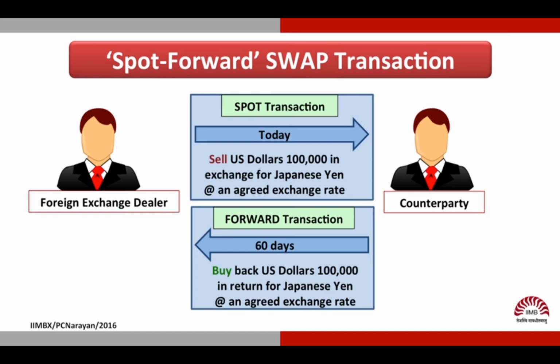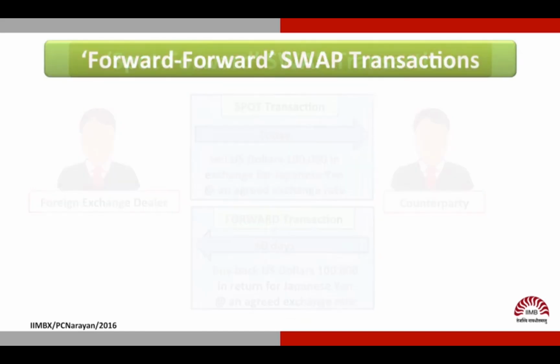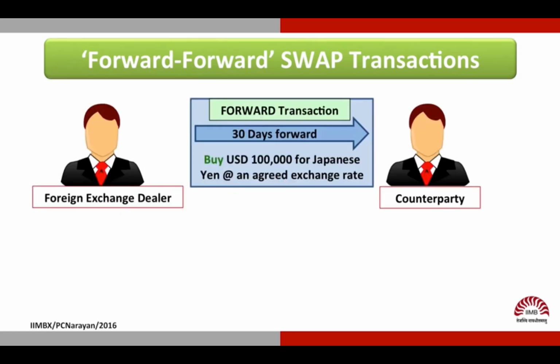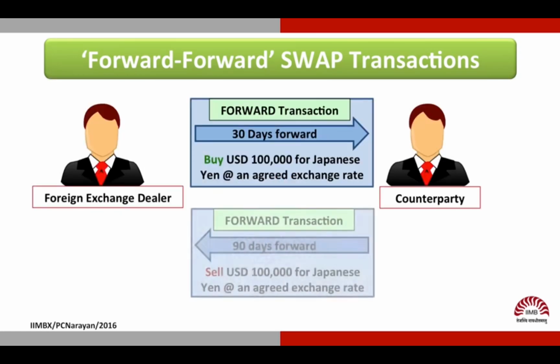That is an example of a spot forward swap transaction. A forward swap transaction, on the other hand, would involve two forward transactions, say one a 30-day forward contract and another equal and opposite 90-day forward contract.